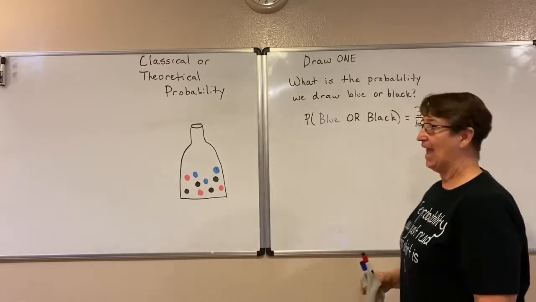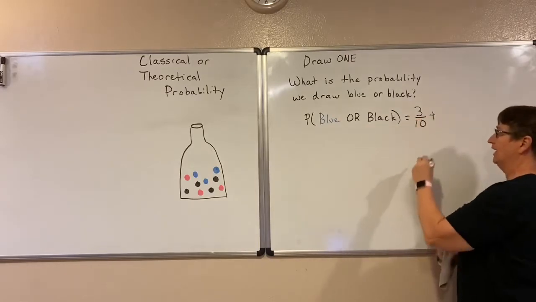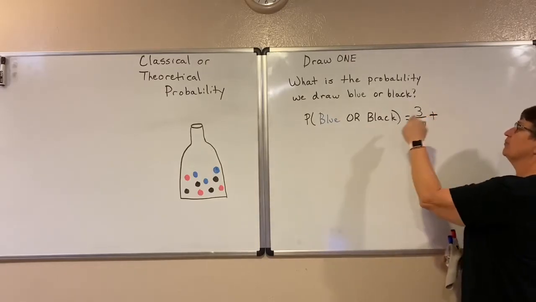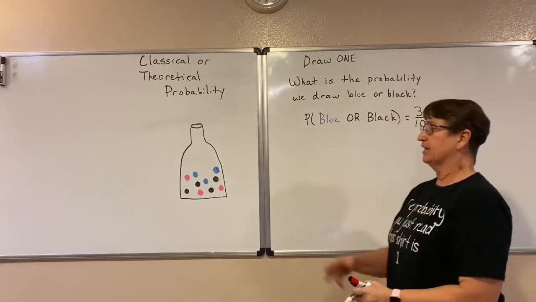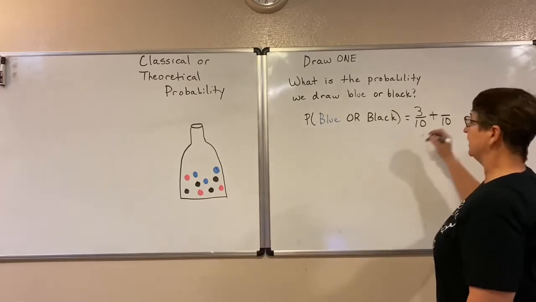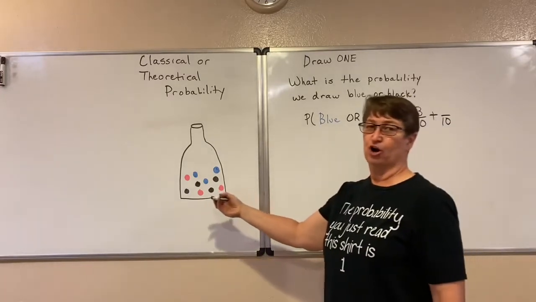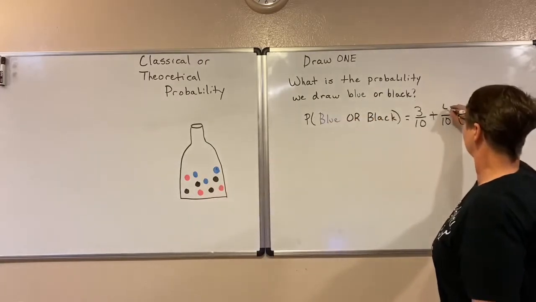So I'm going to add my probabilities. Then I'm going to look for the probability that I get a black. And again, my total number goes on bottom. And then I look to see how many blacks there are in the urn. There are 4 there.